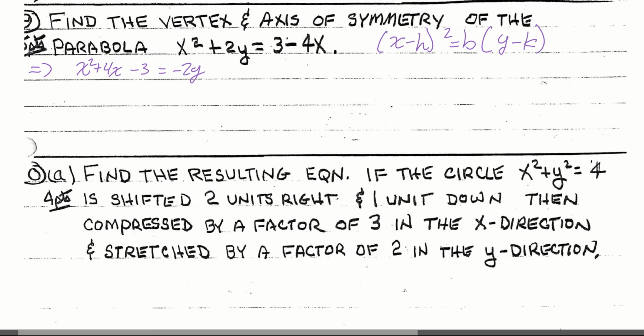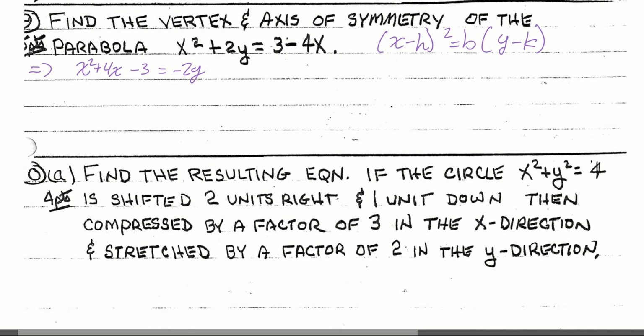If x squared plus 4x minus 3 is easily factorable, then we don't have to worry about completing the square. But since it is not easily factorable, that means we must complete the square. What completing the square means is we take half of b in terms of ax squared plus bx plus c, square it, and then add it and subtract it as a form of 0 in order for us to simplify it.